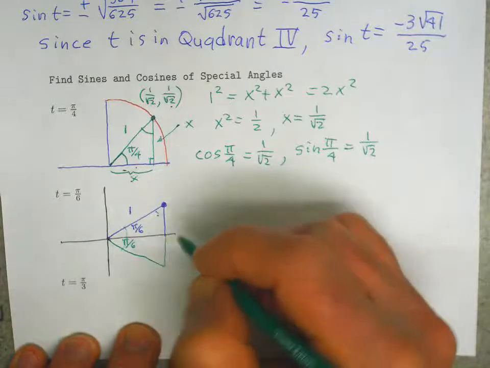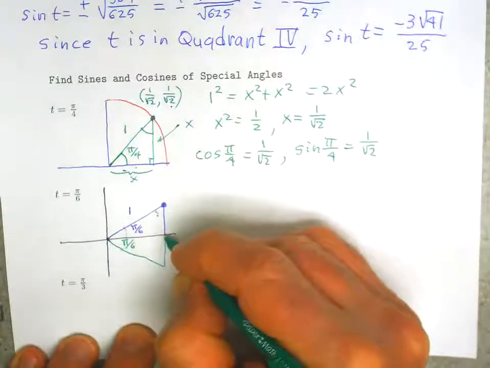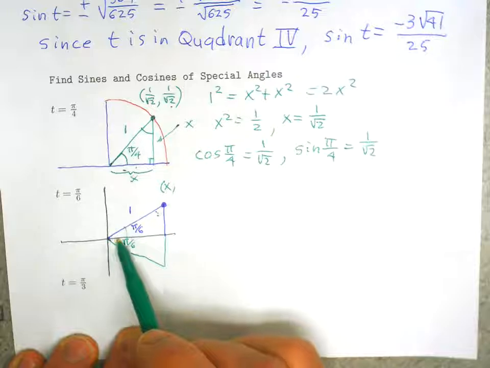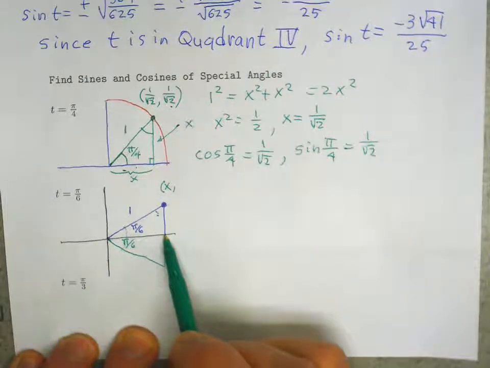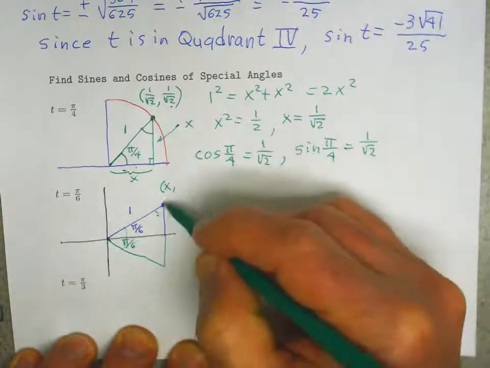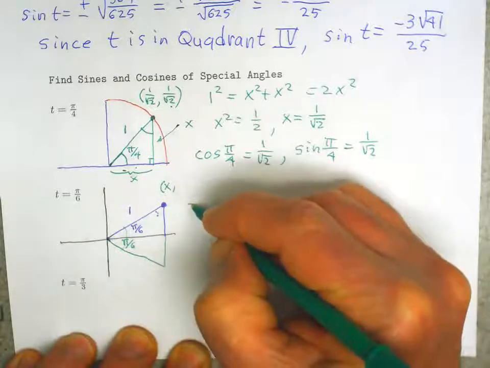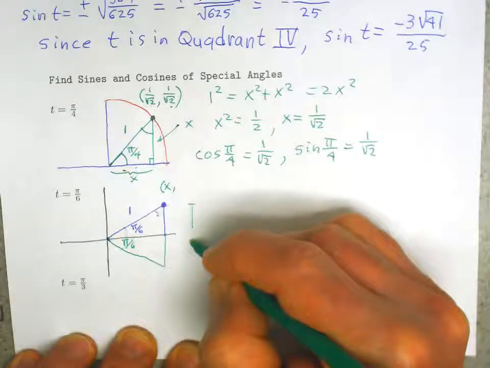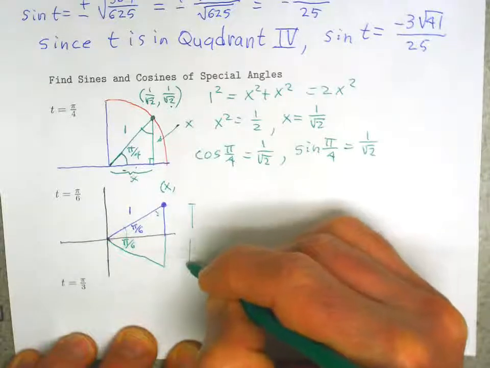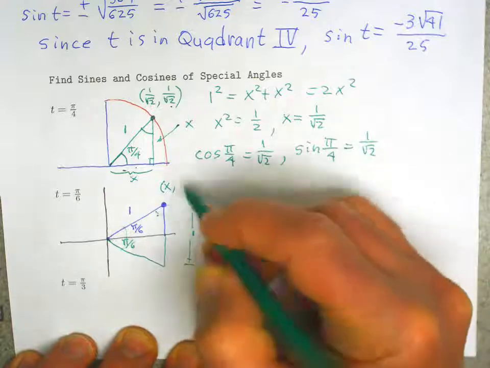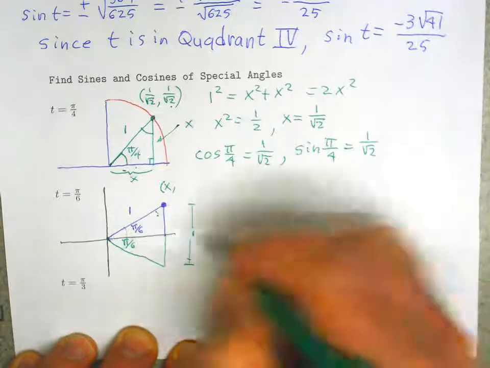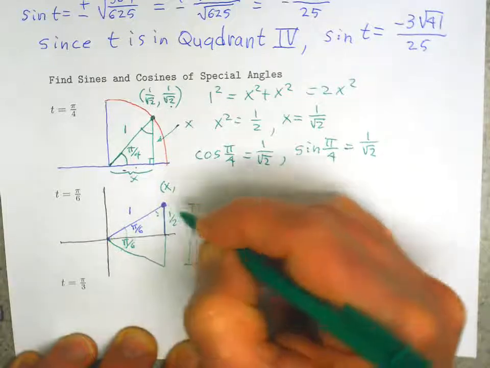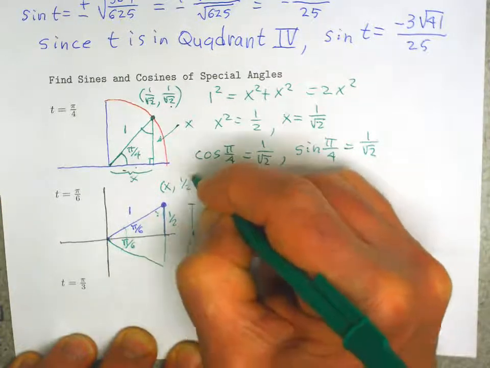And so if we label the x-coordinate x, which is the length of this right triangle, and since this is equal to 1 because the big triangle is equilateral, that means that this side right here is 1/2, so the y-coordinate is 1/2.